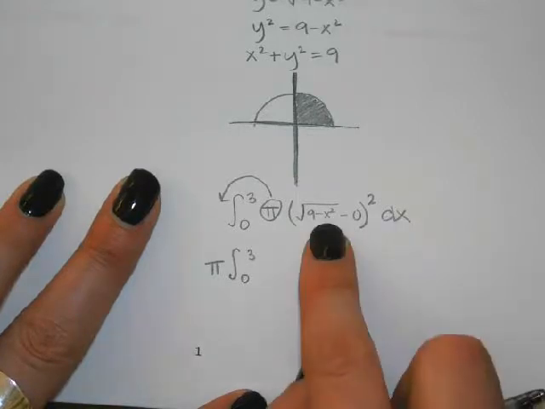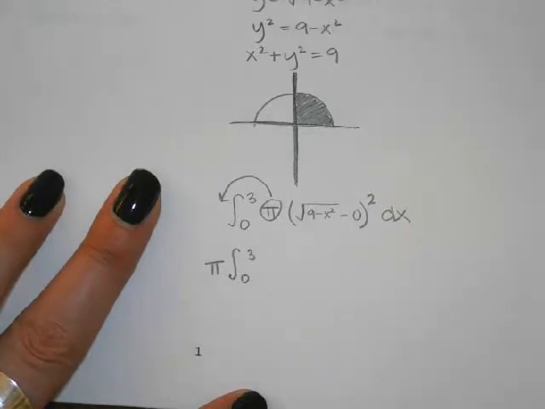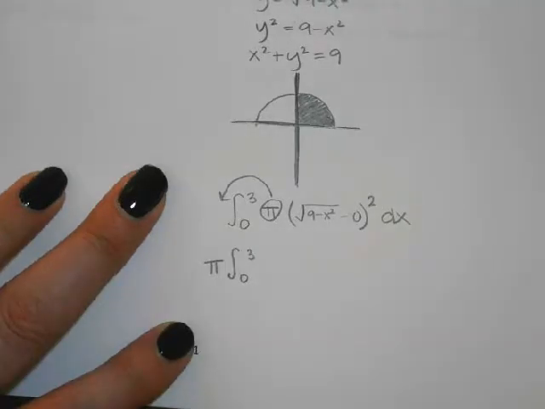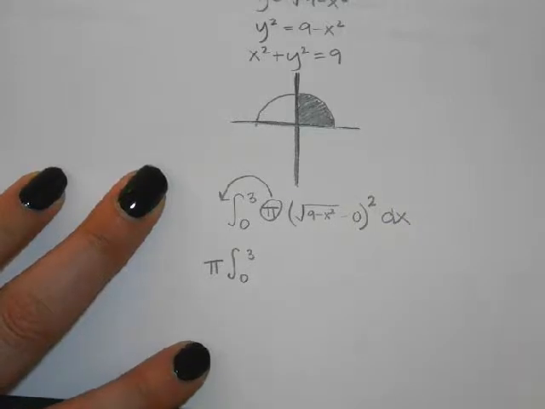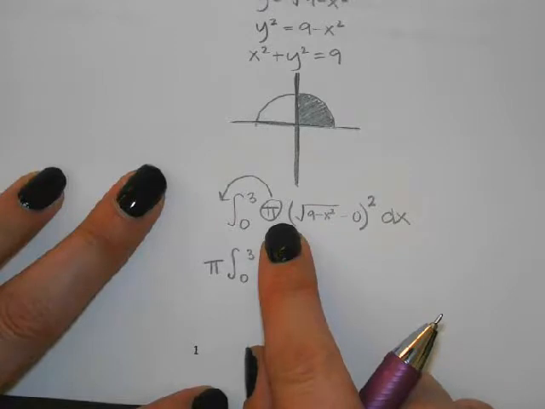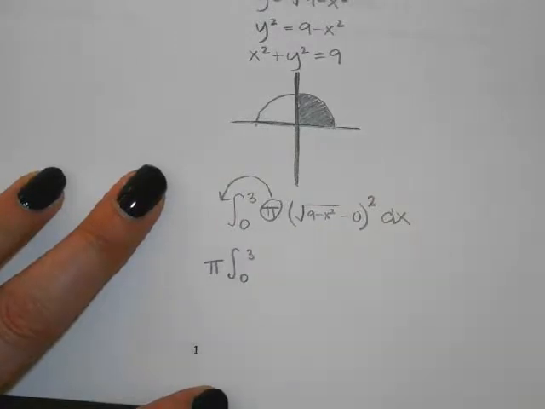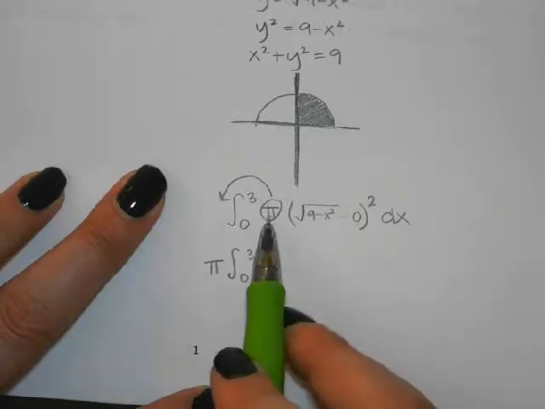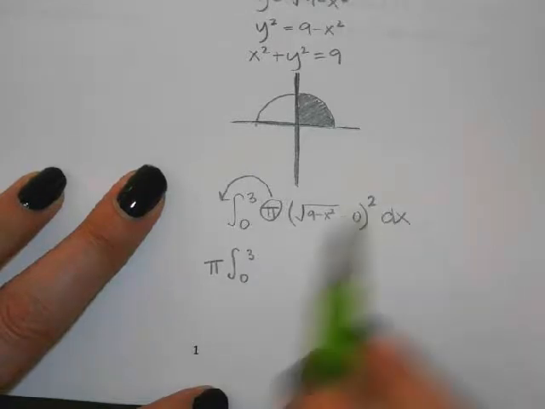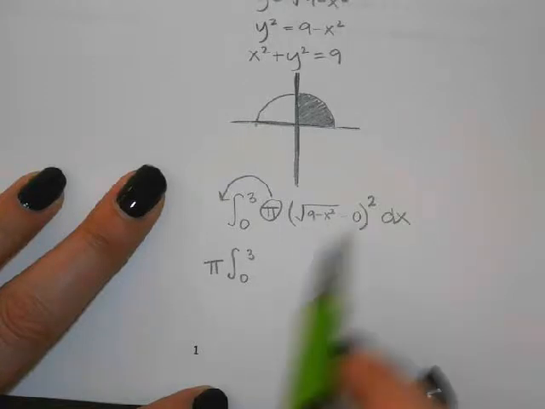So this one, instead of thinking of this as a u substitution, this is saying what area are we making? And the area we're making is that circle. All right, so pi r squared, this one works out to be squaring the r.